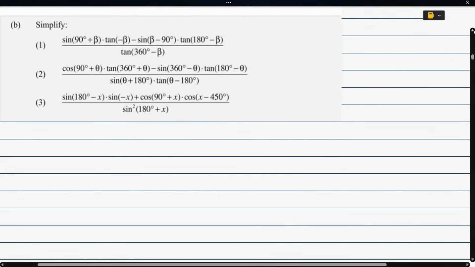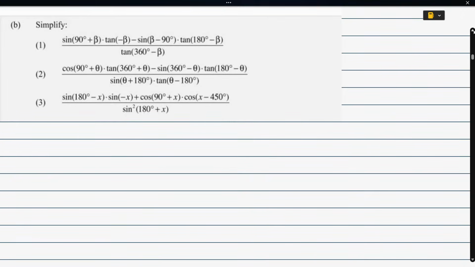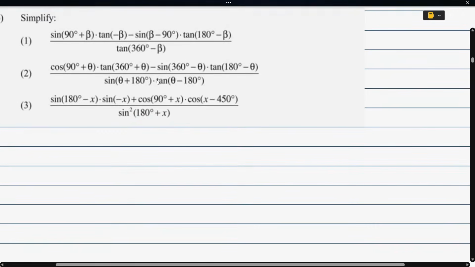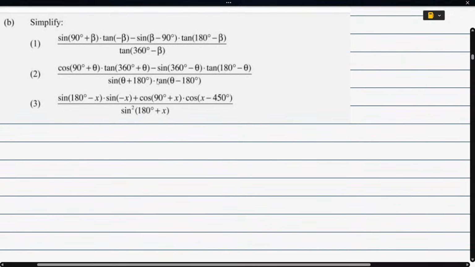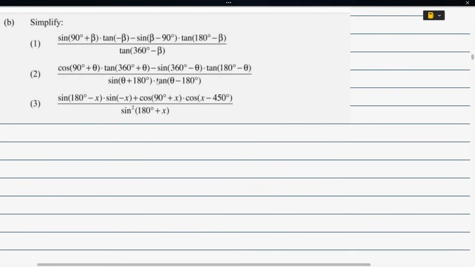Okay, learners, I believe this is visible. I'm trying to zoom it to make it more visible. The reduction what? Formula. Okay.